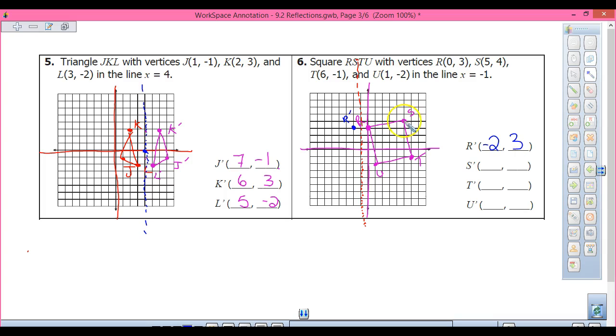Okay, S is how far away from that line? 1, 2, 3, 4, 5, 6. So it's got to go 6 to the other side. 1, 2, 3, 4, 5, 6. S prime is -7 over.